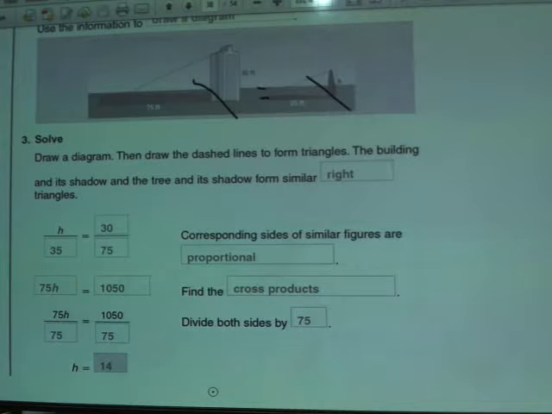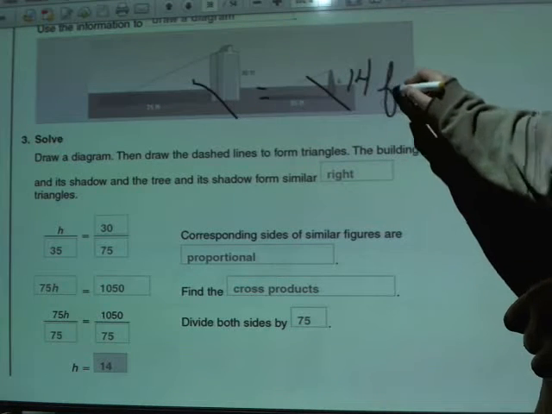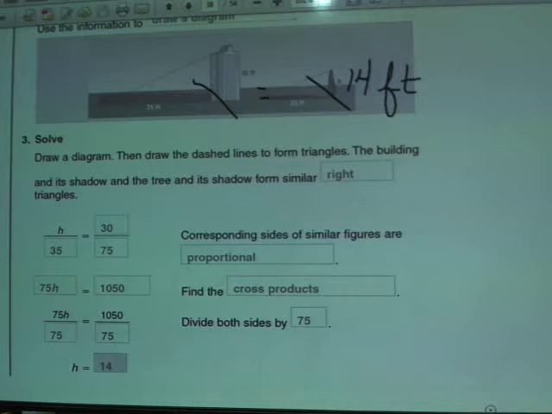So the missing length here, or in other words, what they're asking us to solve here, the height of the tree, has to be 14 feet tall. And that's the solution to our story problem. For the 30-foot tall building casts a 75-foot long shadow, that means the 35-foot shadow belongs to a 14-foot tall tree.